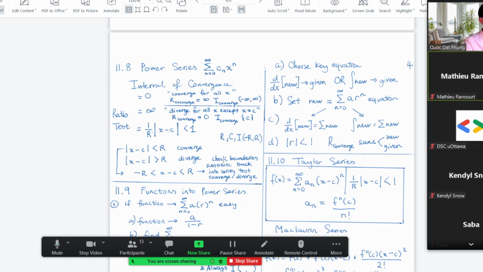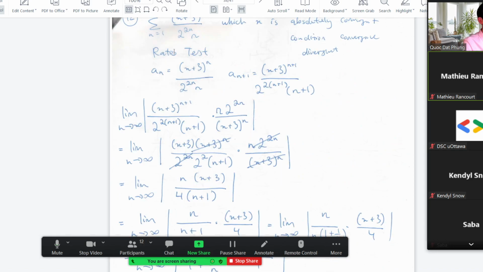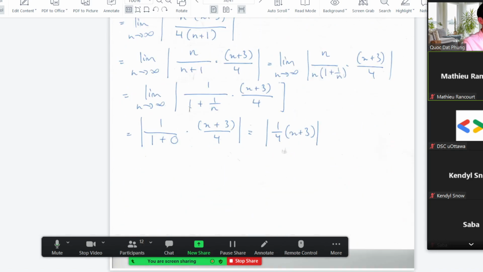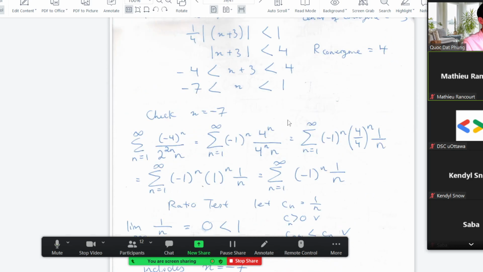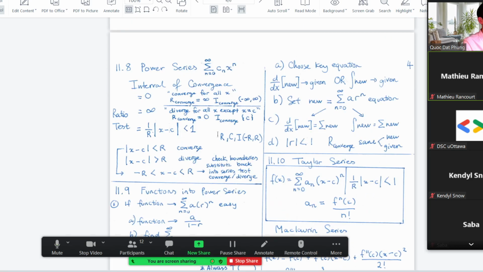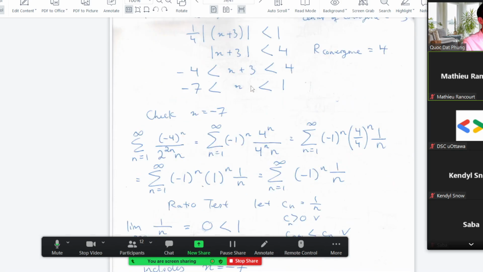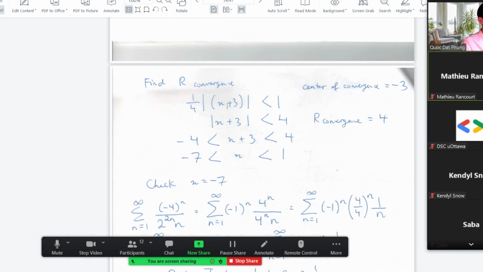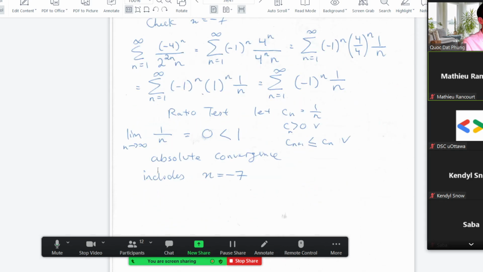So you can see these are the steps. If you want to find the interval of convergence, you have to do the ratio test first. So that's what I did over here. The ratio test, and then just all of this, and then you get this. And then you use this formula right here. And then I just keep solving for x, and then finally I get the answer.